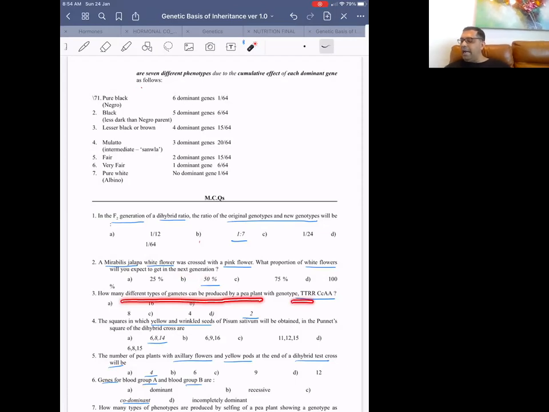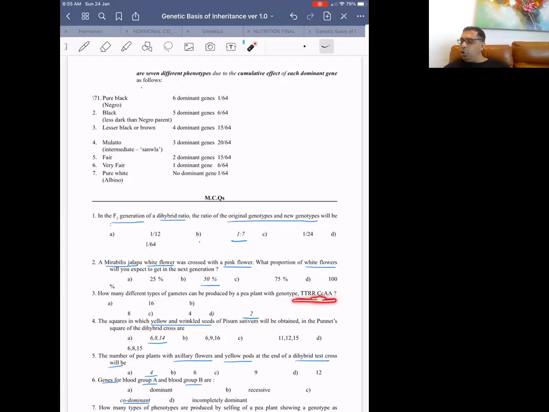How many different types of gametes can be produced by a pea plant with genotype capital T, capital T, capital R, capital R, capital C, small c, capital A, capital A? सर ये दो ही टाइप के गैमेट पॉसिबल होगा. ओनली सी में वेरिएशन है. Only C has got variation. Others are same.